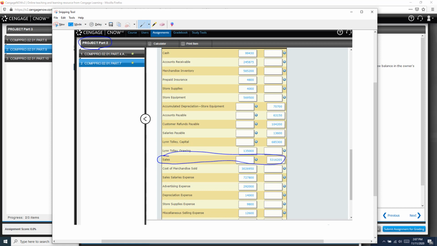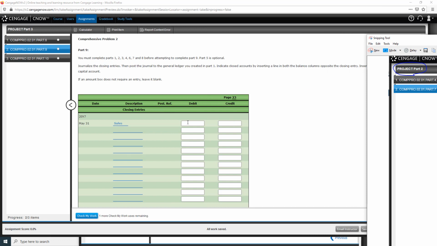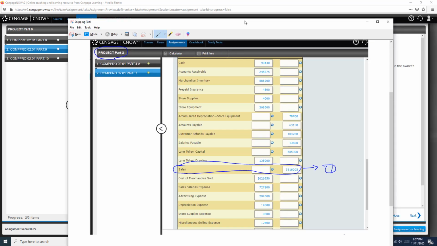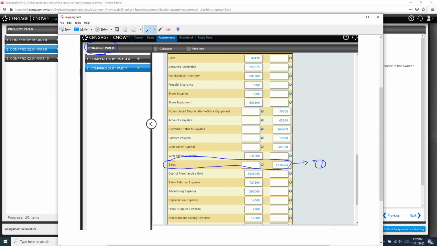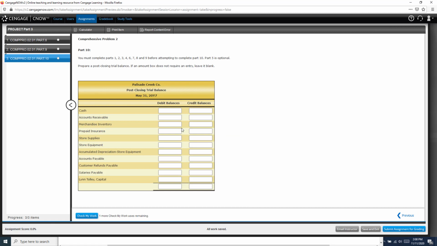It's now 0, right? Because here it is a credit balance, but when you close it, you debit it, so it's going to be 0. And the new trial balance, called the post-closing trial balance, will have this sales account that will be 0. But since it's 0, you may not need it. Well, actually, you don't need it if it's 0. It's blank. So when you go here and you see sales, it's not available for you because it's 0.